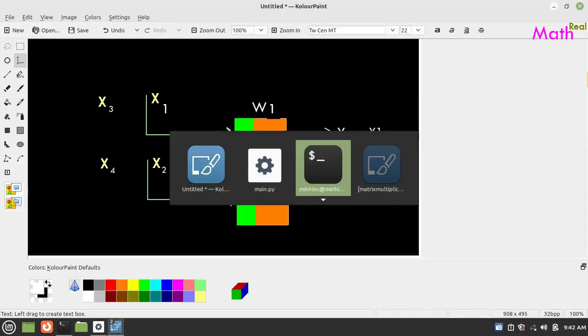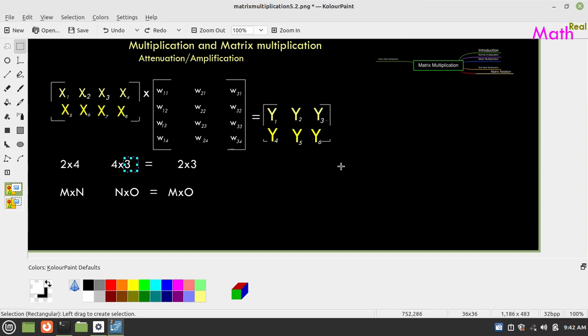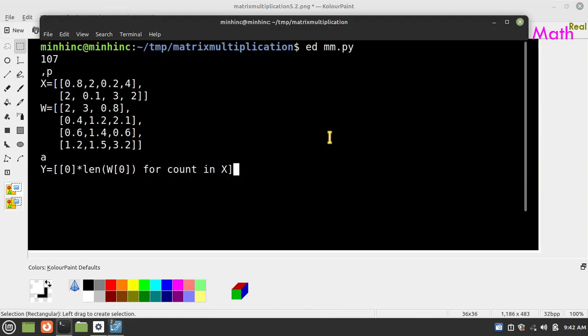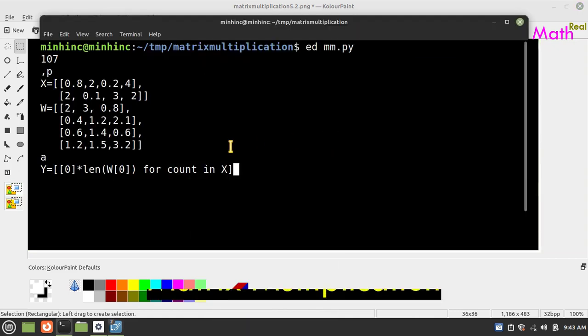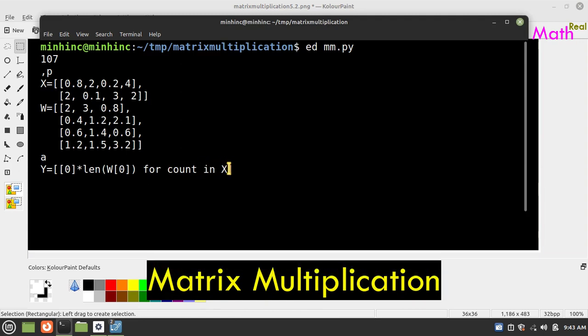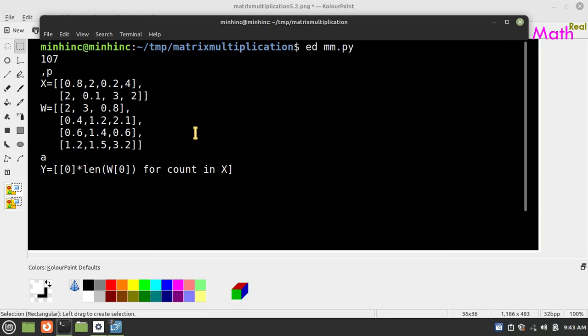The way we have brought the formula, x row and w column will become the row and column of the y. Same thing we have written. Count in x, so for all the rows in x, we have 0 initialized, length of the w0. So w0 is nothing but the number of columns.